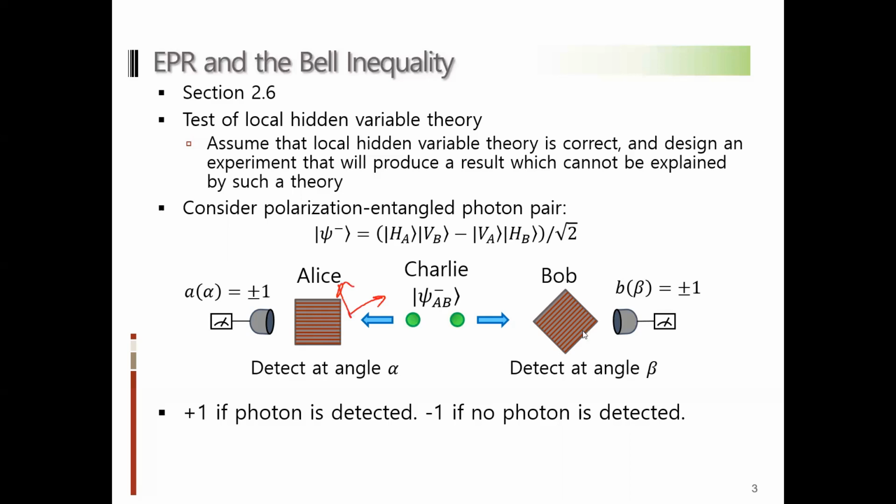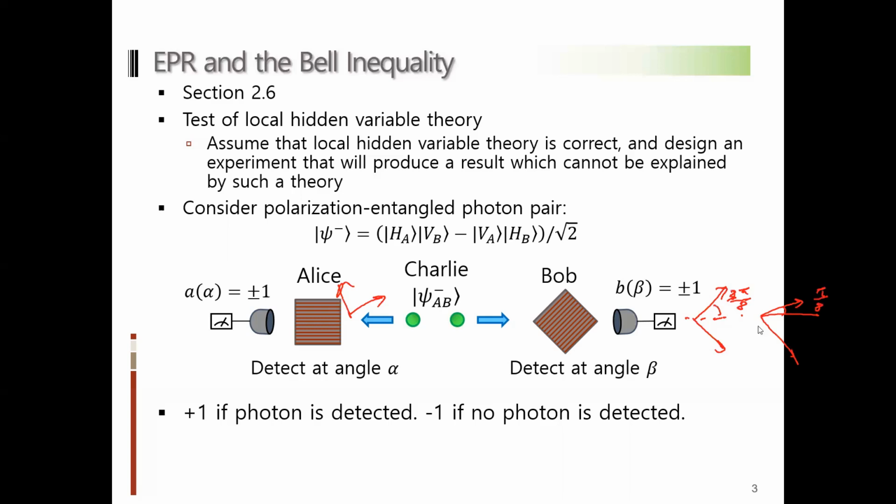Then what happens to Bob? He can also choose two different types of bases. With respect to the horizontal base angle, he can either use 3π/8, or a closer one, which is only the π/8 angle.